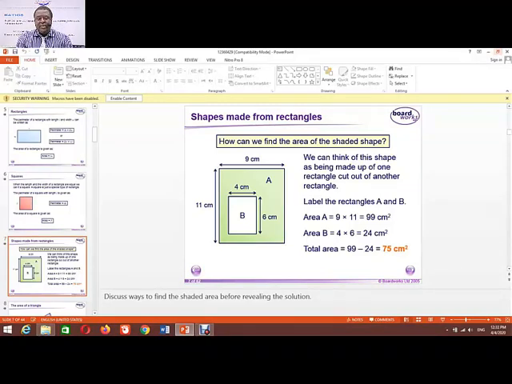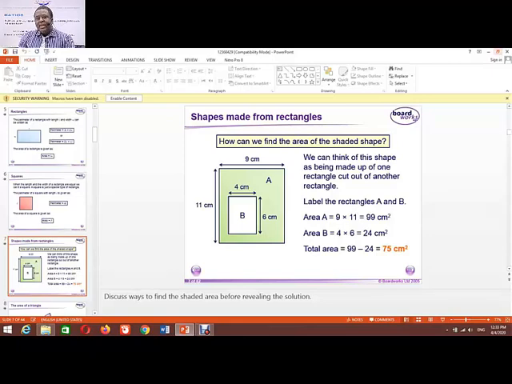We can think of this shape as being made up of one rectangle cut out of another rectangle. Label the rectangles A and B. So here the procedure is to label the two rectangles, find the area of the first one, find the area of the second one, and find the difference of them.